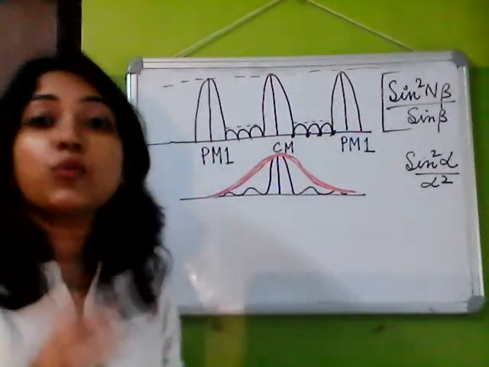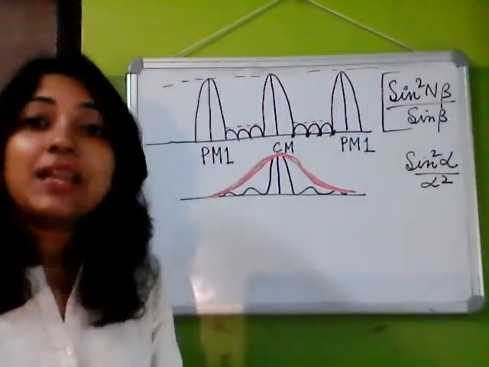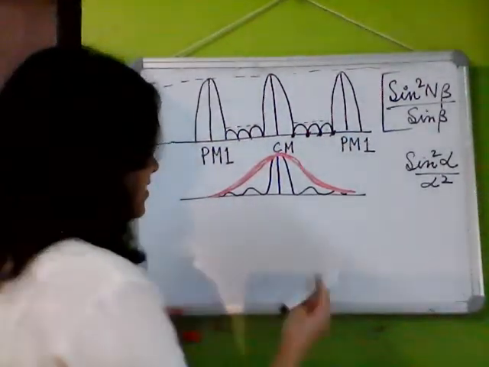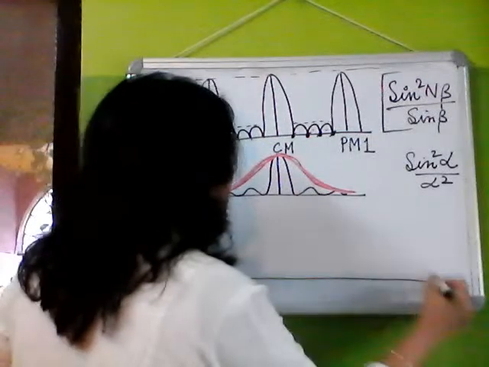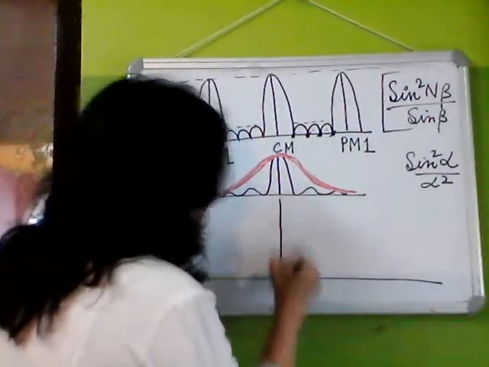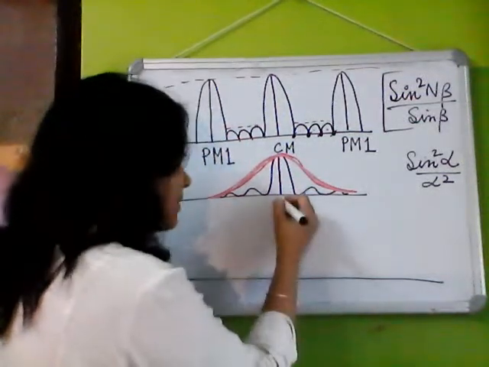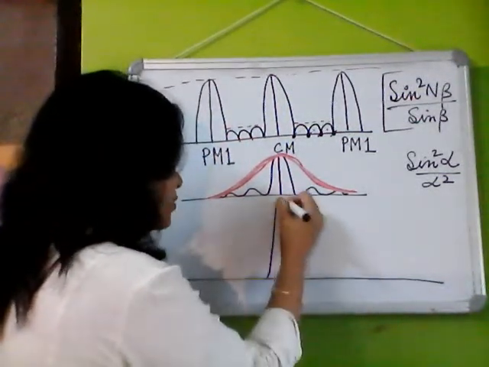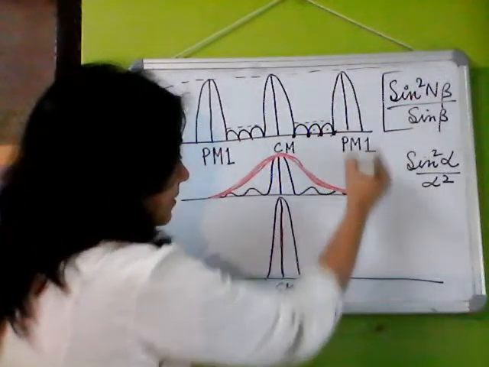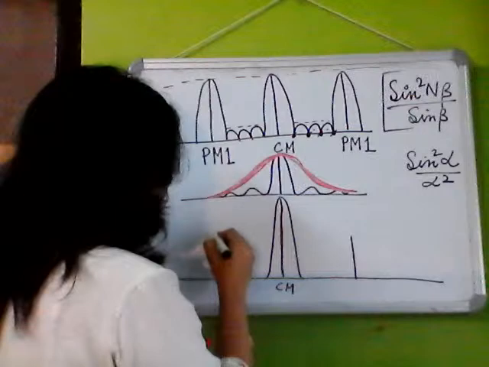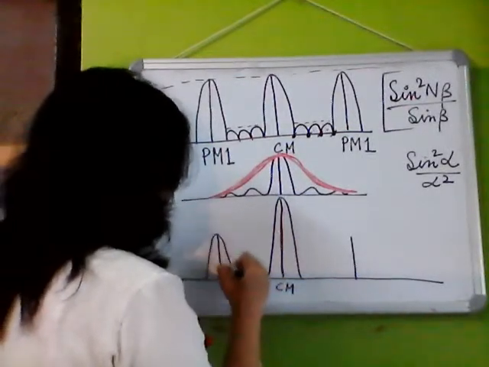However, when these two superpose, as I was telling you, what is the seen picture or the intensity distribution? It now appears like this. The first central maxima is the most intense one, as usual. But when I move to the first primary maxima, this intensity is less now.